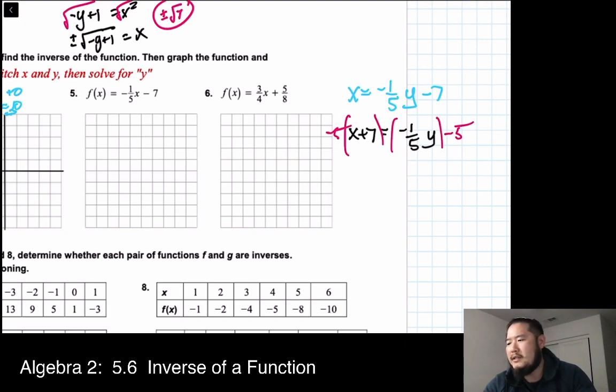I want y to be positive. So that'll make this y, and y is equal to, and then we can distribute the negative 5, negative 5x minus 35. So this will be an interesting line to graph, but that right there is your inverse. Okay.